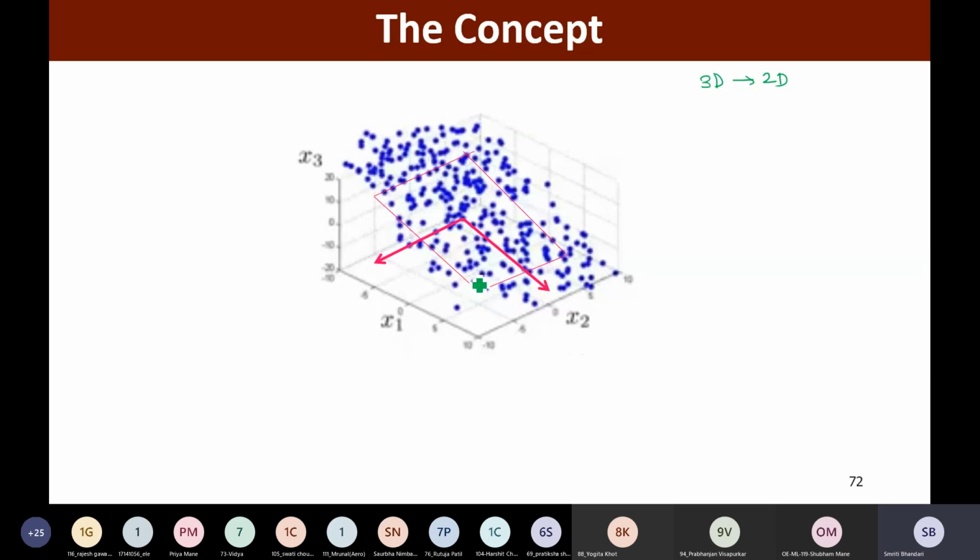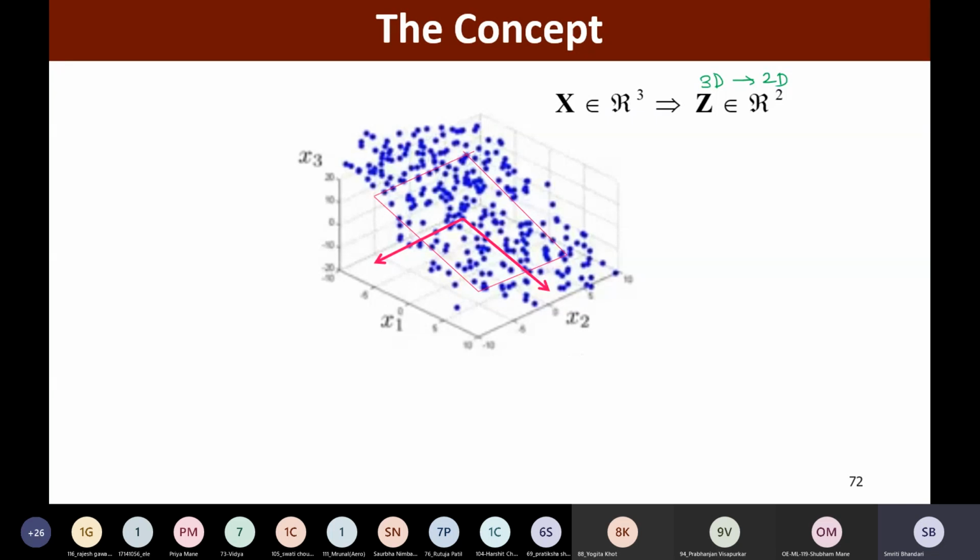The point in 3 dimensions is projected onto this 2D plane, and this is how we convert the 3D space into 2D. So every point in 3 dimensions is now described with 2 features in 2 dimensions.